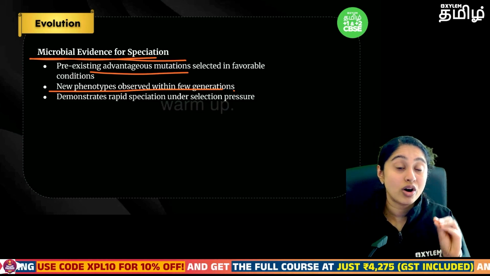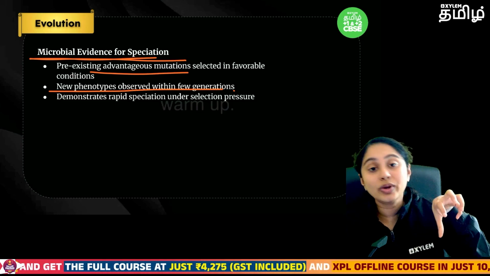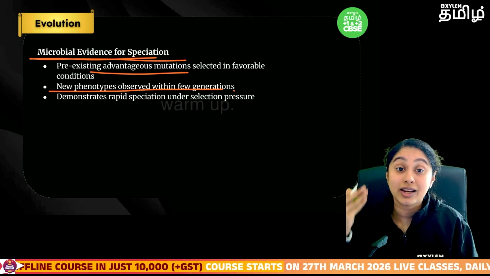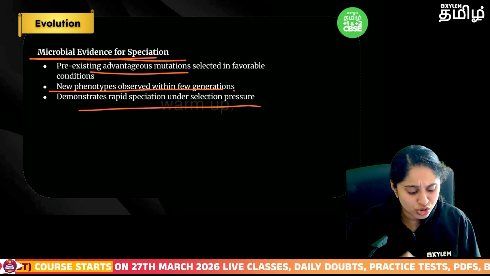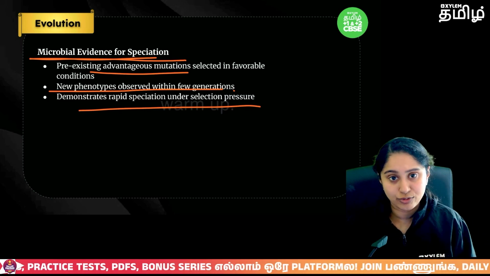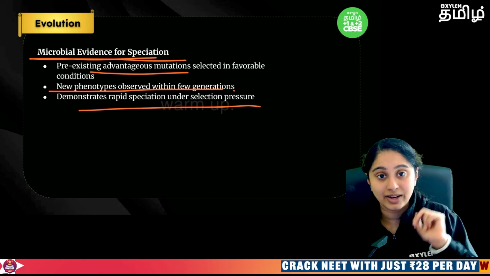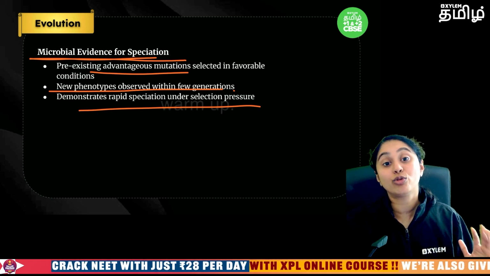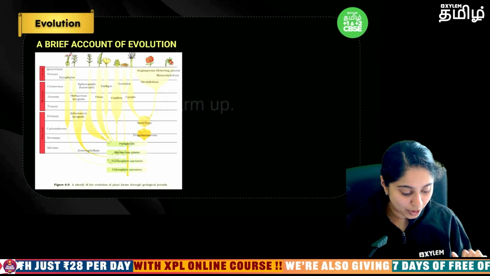This means if you have a certain situation, you have to adapt, and nature itself will create that variation within a few generations. For example, if instead of glucose you cultivate an organism in lactose, within some 3 to 4 generations it will adapt.